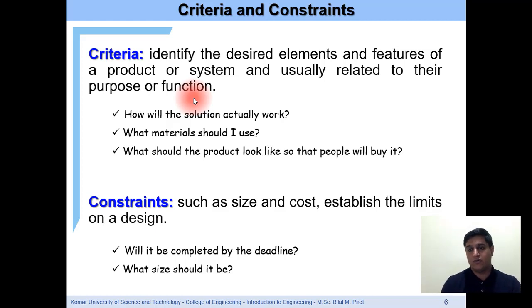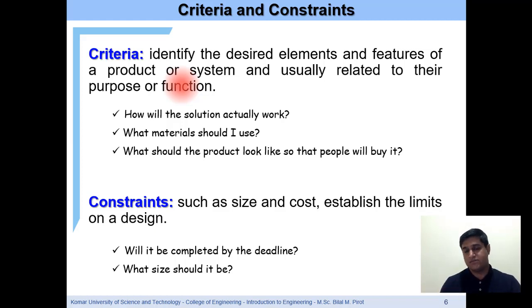For example, when you want to produce a smartphone, what kind of smartphone do you want? How many cameras should be put inside the smartphone? What is the quality of the cameras? What is the quality of calling? What are the main features of the screen? So criteria means the properties or the features of a specific product or service or system.